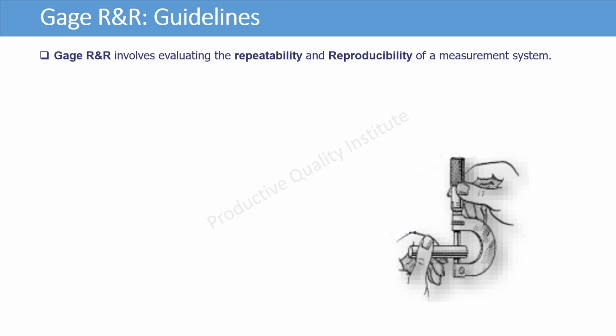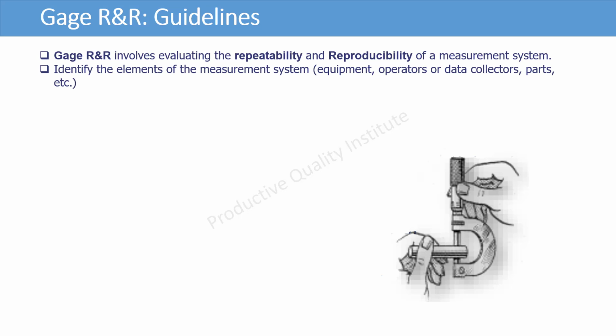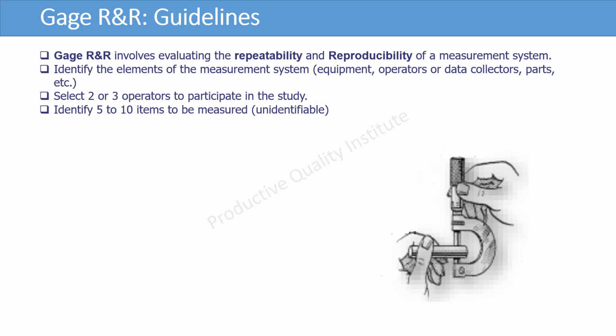Gauge R&R involves evaluating the repeatability and reproducibility of a measurement system. Identify the elements of the measurement system: equipment, operators or data collectors, parts, etc. Select 2 or 3 operators to participate in the study. Identify 5 to 10 items to be measured.